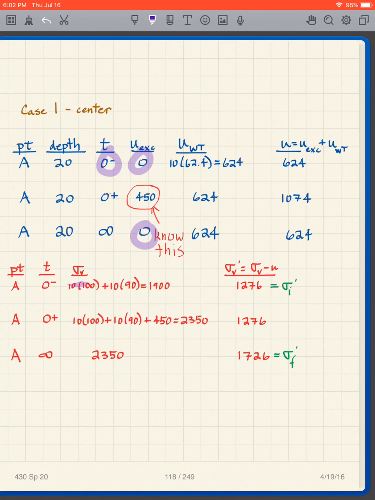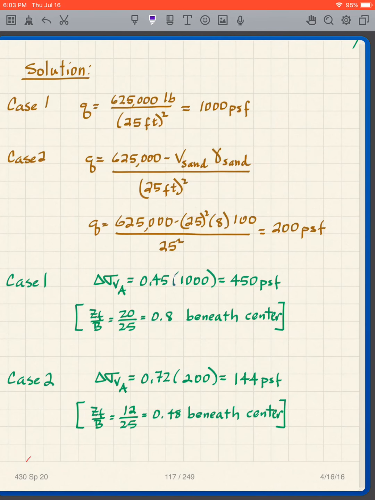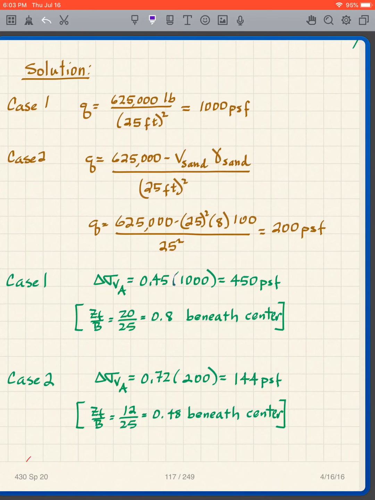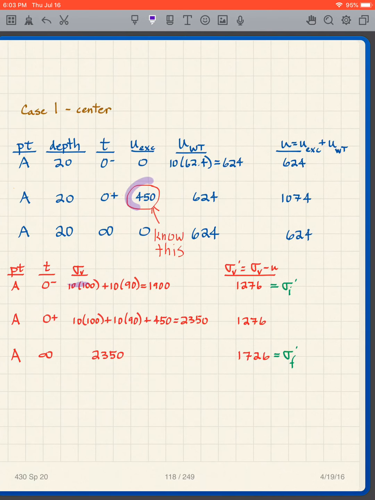And where did I get that number? Again, the 450 came from where? The 450 came from right there, my delta sigma, which came from my Boussinesq chart or pressure bulb times the Q, which is 1,000. So once you have that, the rest is simple. So my U water table, I'm not going to go through it. You can all get that. It's 10 feet down. My U is the sum of the UXS and U water table.